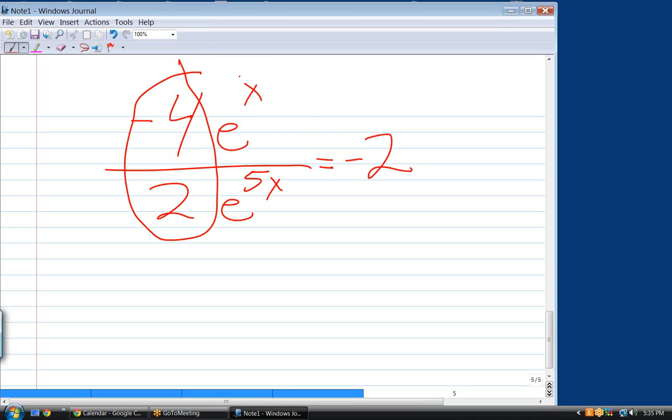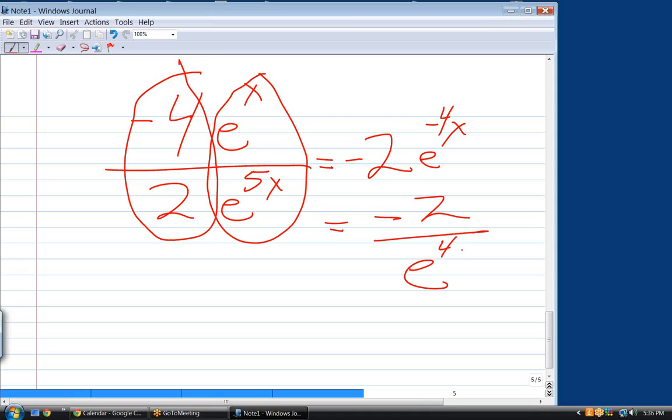Minus 2. e to the x divided by e to the 5x. 1 over e to the 4x, yeah. Now, I could just do it by subtracting the exponents, and I could write it like this, for starters. But in general, they don't want you to leave negative exponents there. They want you to turn it into a positive exponent, so that becomes this. Okay?